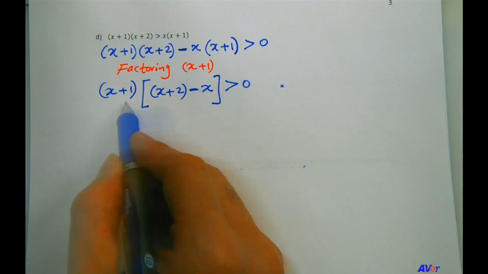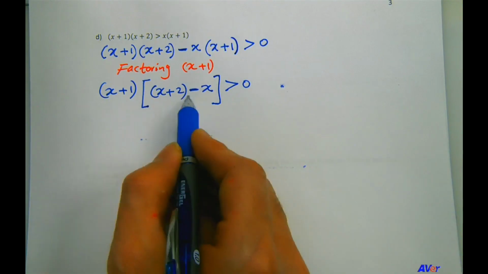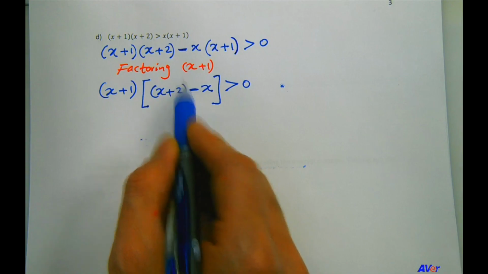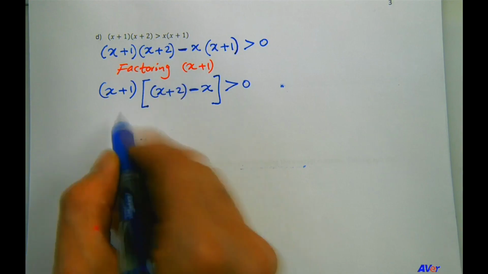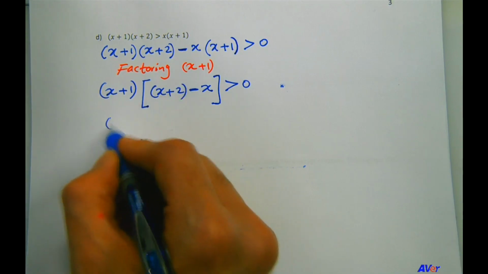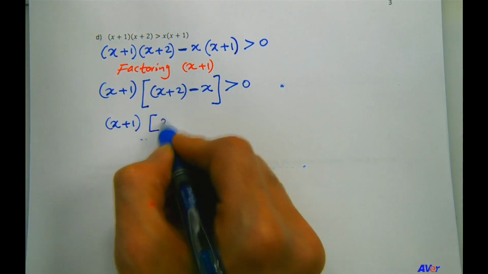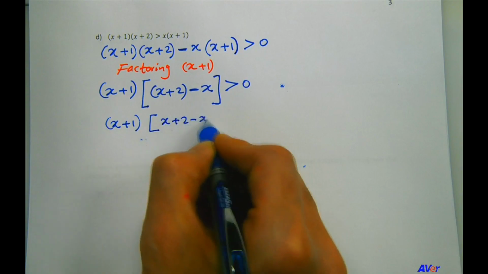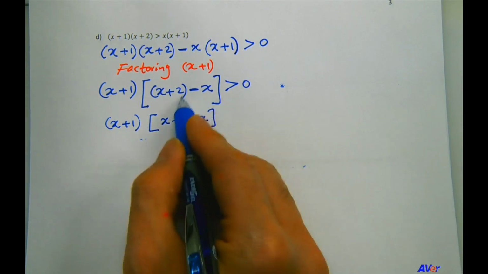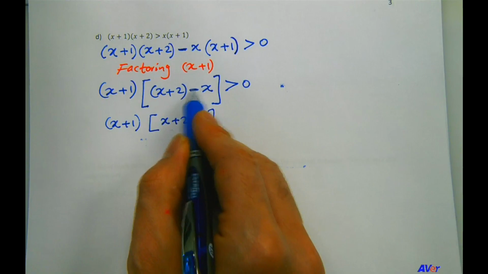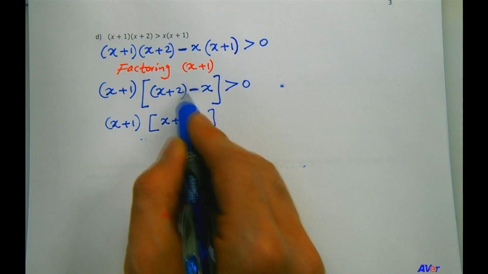Okay, so let's simplify the inside of this bracket. We can do that, right? Simply let's remove the parentheses here. So we're going to end up with x plus 1 times x plus 2 minus x. We can just simply remove the parentheses because this minus comes after the parentheses.